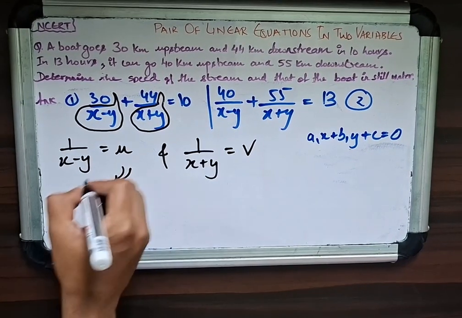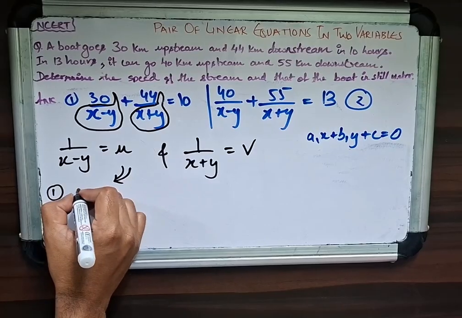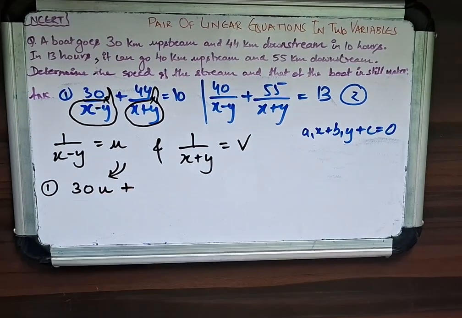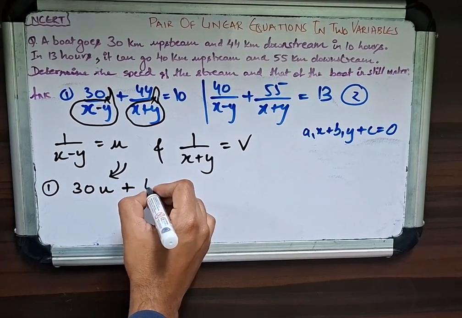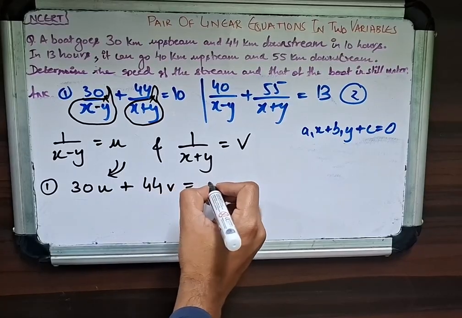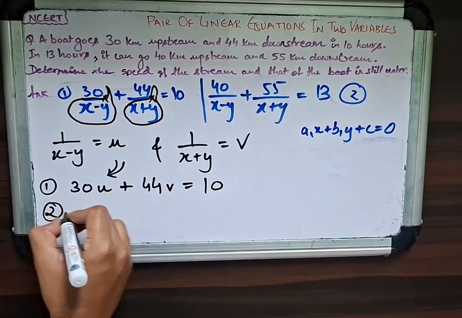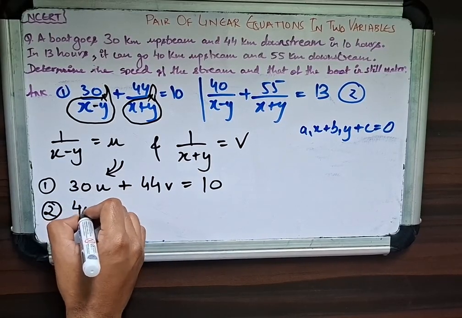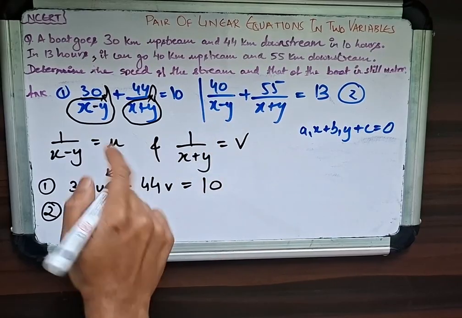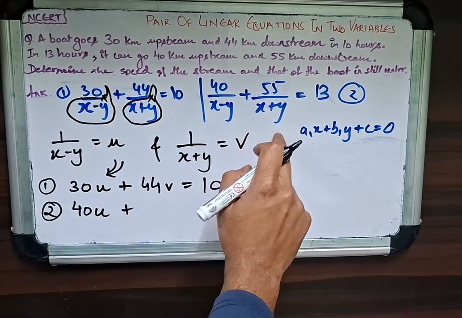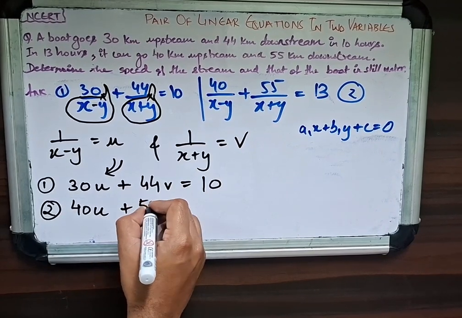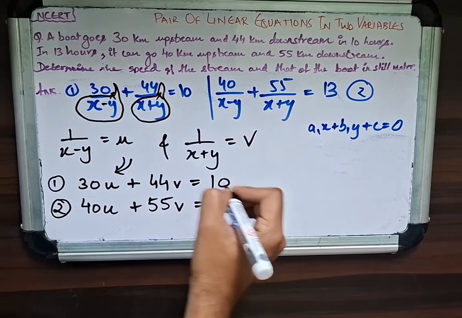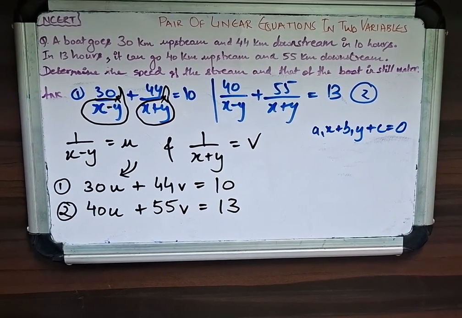With this, your first equation becomes 30u plus 44v is equal to 10. Similarly, the second equation will become... while substituting, you have to be very careful.